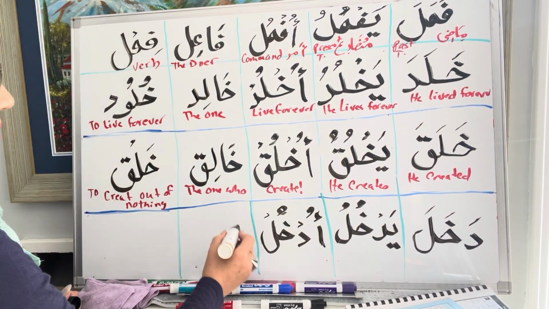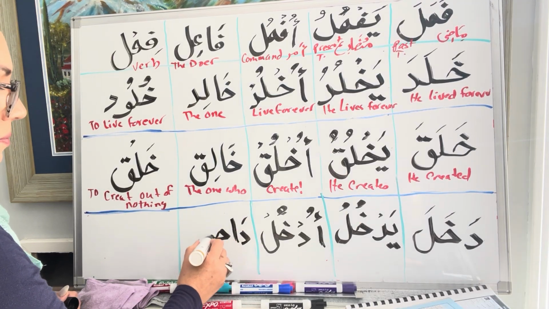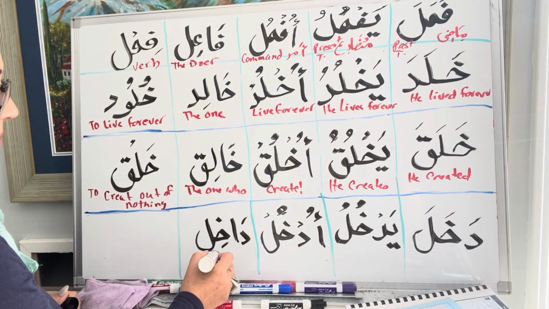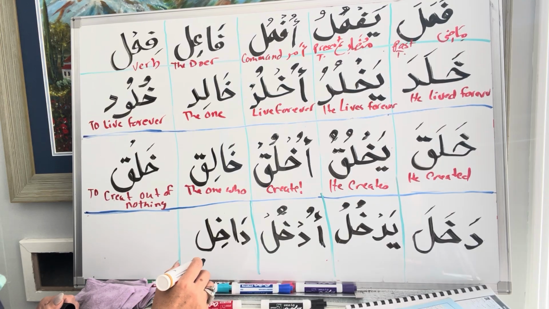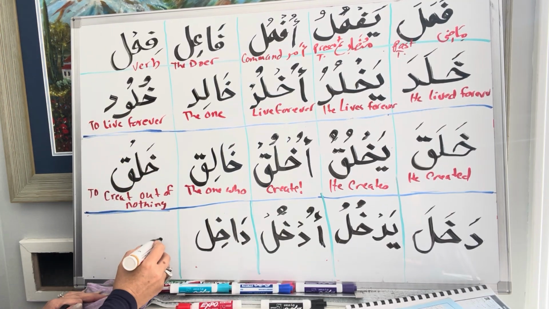Udkhul. Dakhil. And then this also changes on this pattern, khulud, and it changes to dukhul.